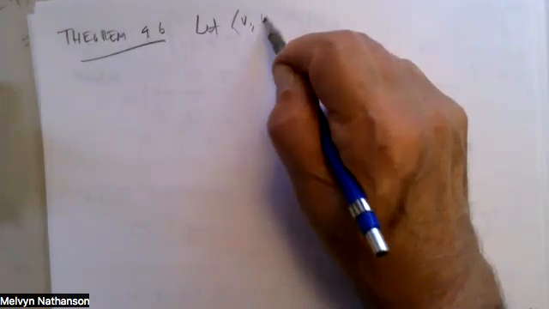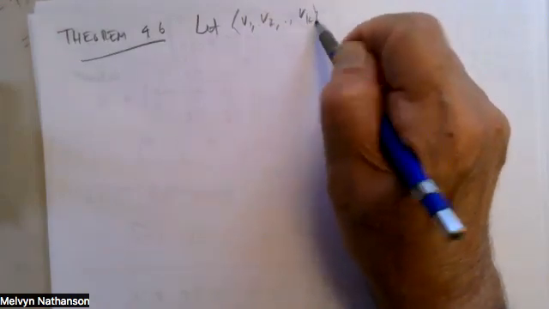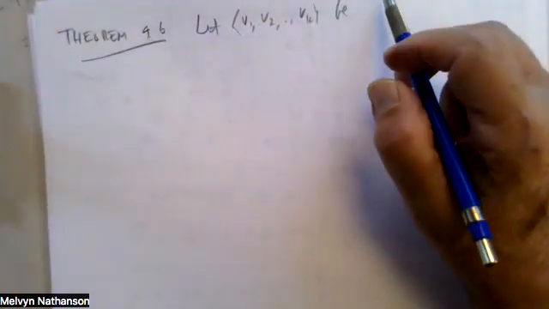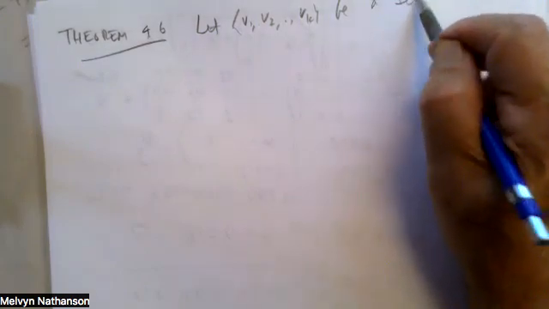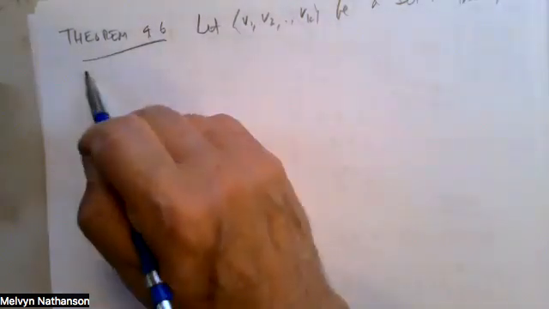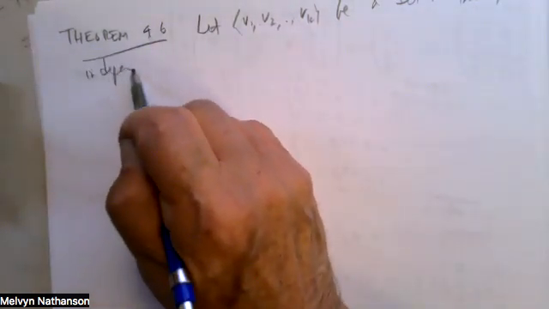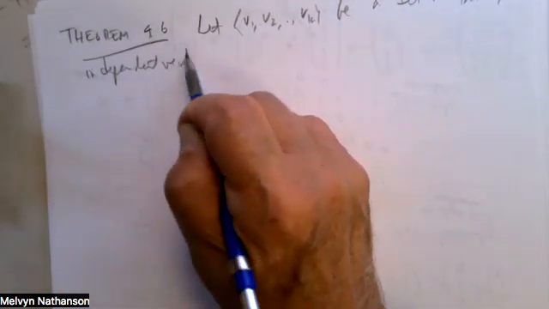Let v1, v2 up to vk be a set of linearly independent vectors.